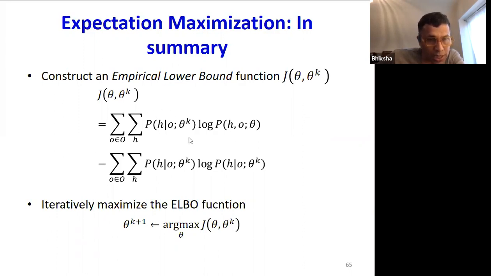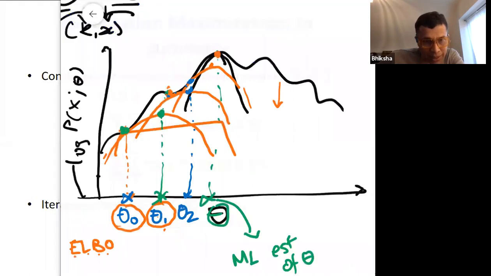And this outside term is computed using your current estimate of your model parameters, and you're going to be estimating this value theta. So what this does here is, again, mathematically provable.